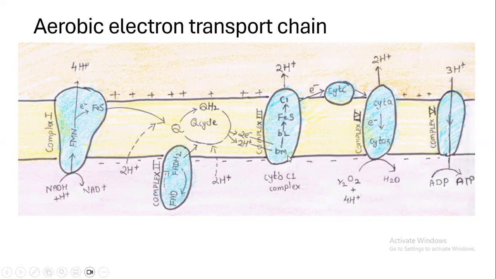Cytochrome BC1 complex will transfer the electrons to a series of carriers such as cytochrome BM, BL, iron sulfur cluster, and cytochrome C1 ultimately. Complex 3 is involved in excluding protons across the membrane again, and the electrons are transferred to cytochrome C.